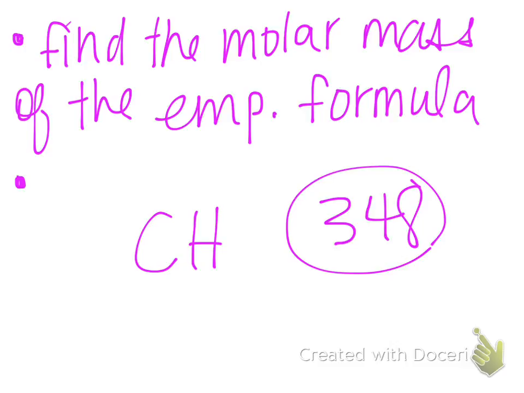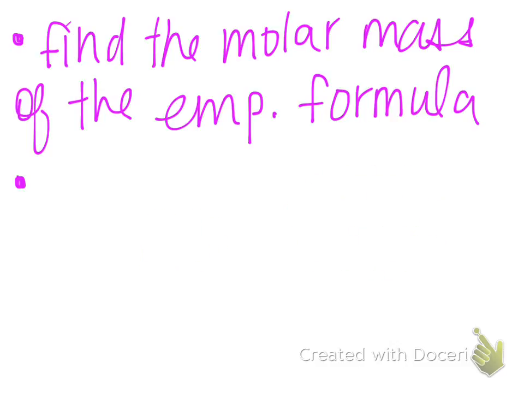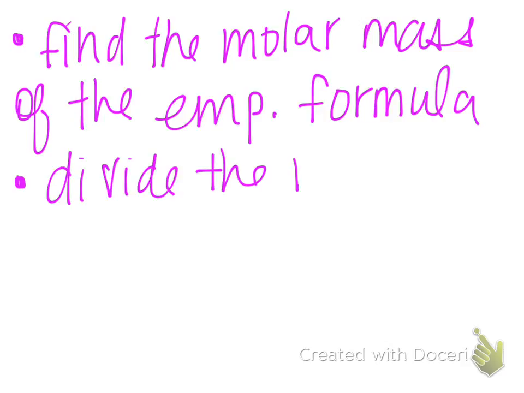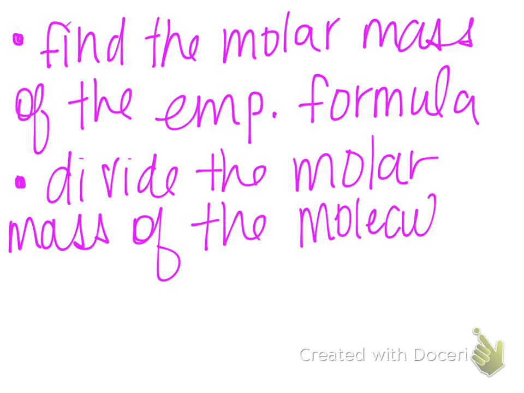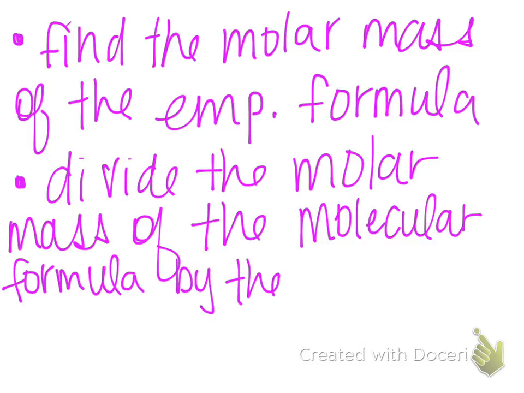So in order to do that, we're going to find the molar mass, and then we want to divide the molar mass of the molecular formula by the molar mass of the empirical.